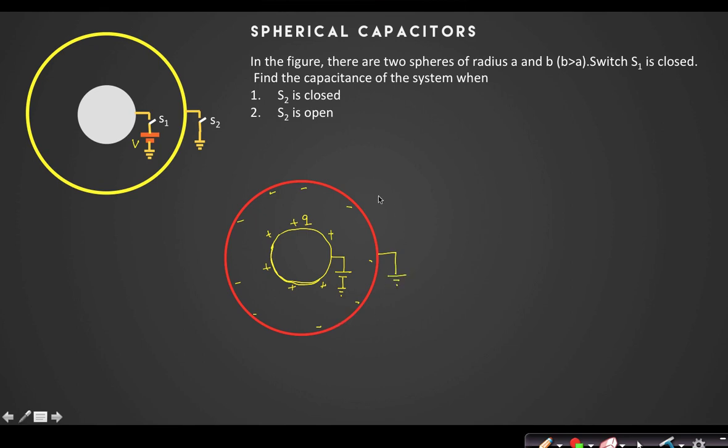So what will be the charge on the outer surface of the bigger shell? It will be 0. So the only capacitance here will be in between these two shells. Where the capacitor is, there will definitely be an electric field in between the plates.